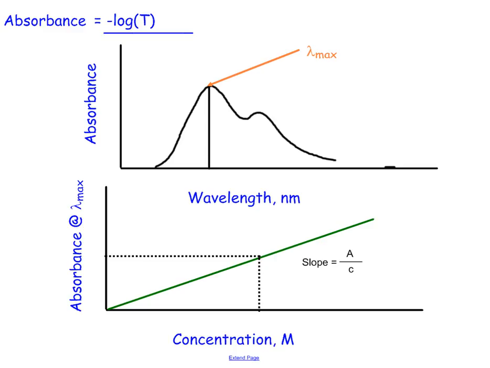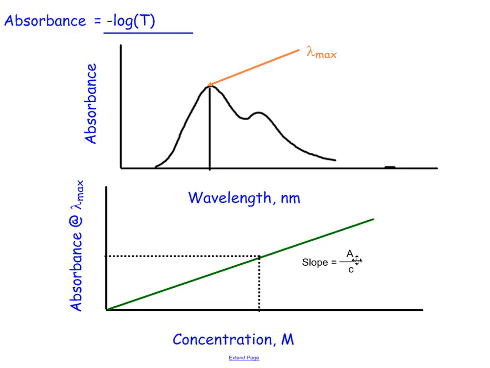And once we find the maximum wavelength, or sometimes we might even want a different wavelength, we can measure the absorbance versus concentration. So we take a bunch of solutions of varying concentration, we know their concentration, and we measure their absorbance, and we make a graph.